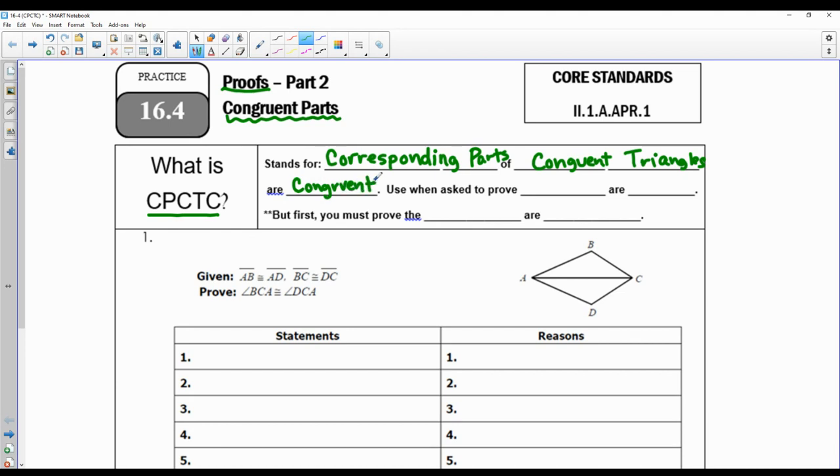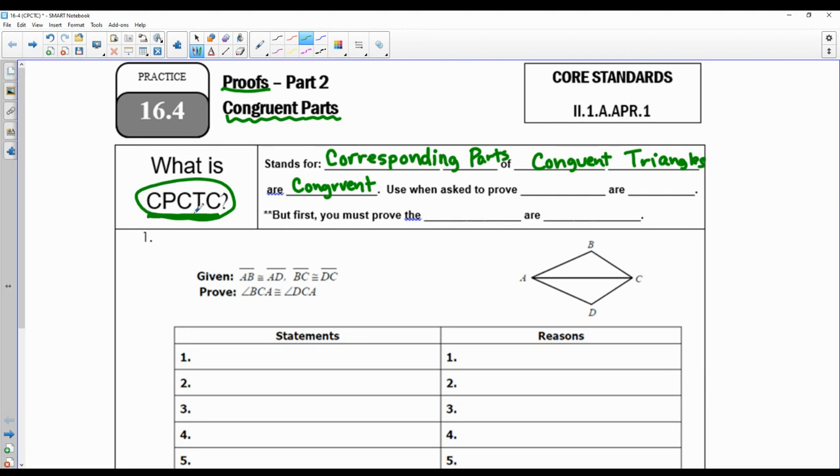When I was your age in my geometry class, we just used to call this congruent triangles. But they're going to say corresponding parts of congruent triangles are congruent. So CPCTC, that is one of your reasons. Okay, that's a reason right there.